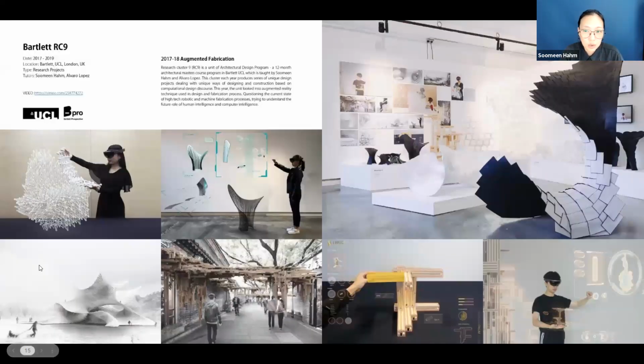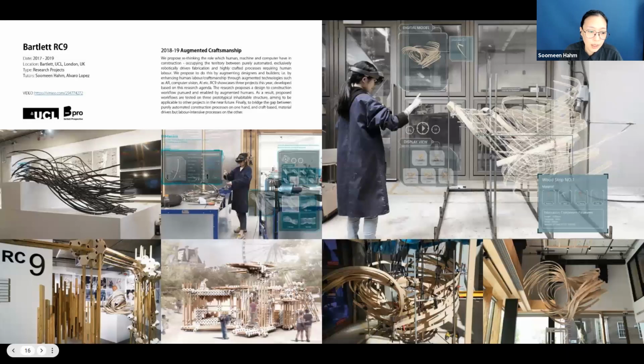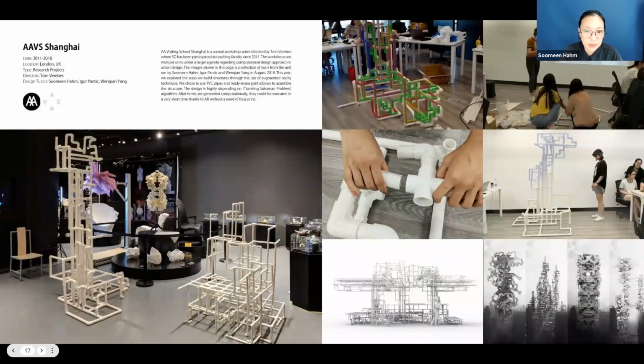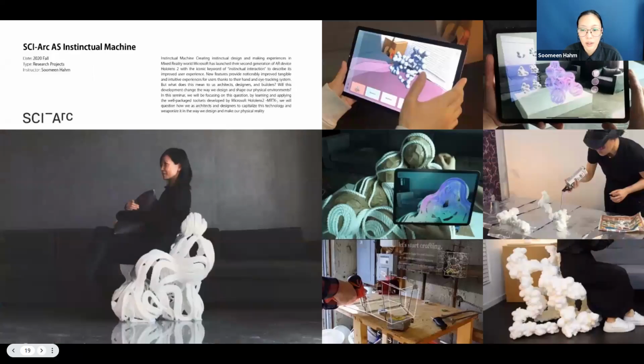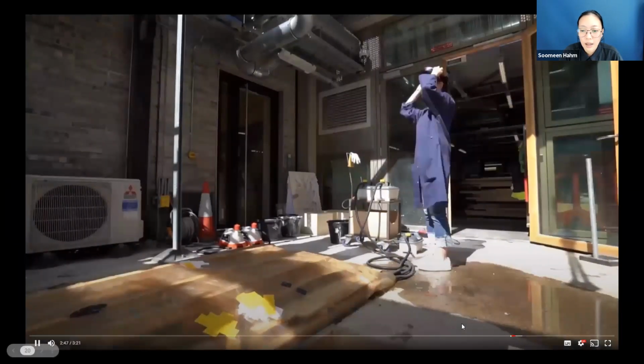We started to look into the use of augmented reality to execute complex geometries in reality with interesting materials. There have been a lot of studies and trials with student projects, and with SCI-Arc we have also been running a lot of different experiments.